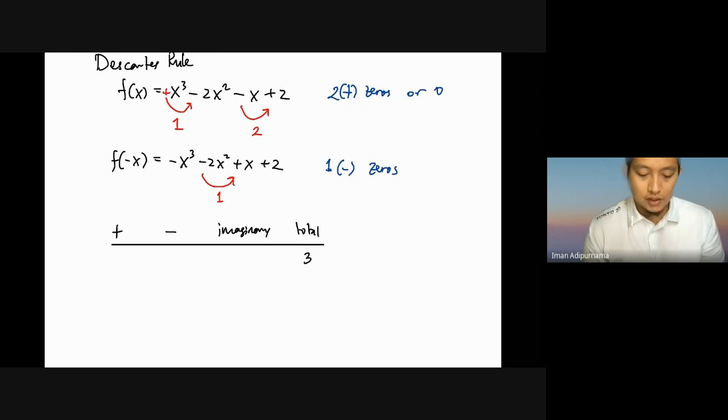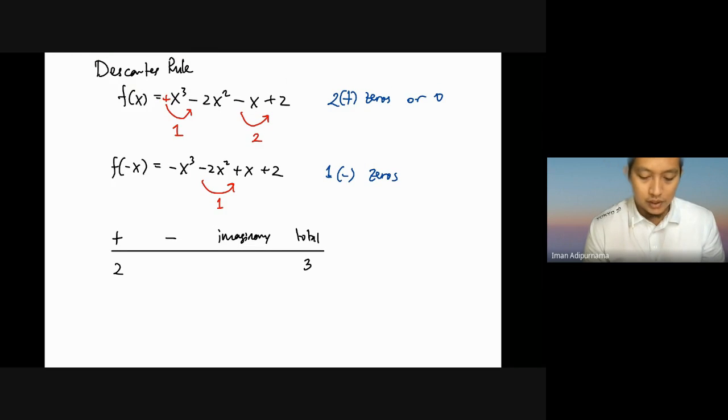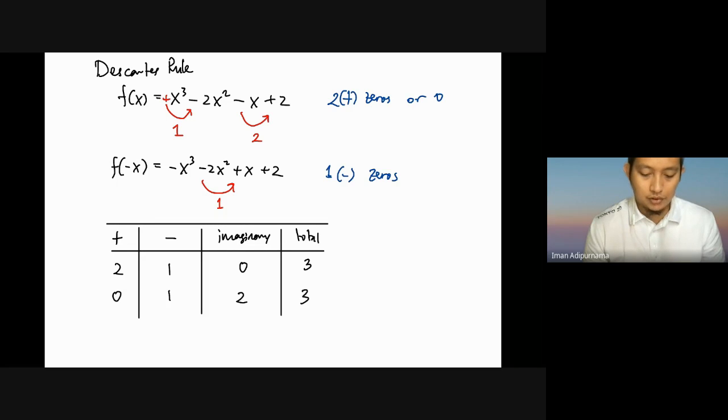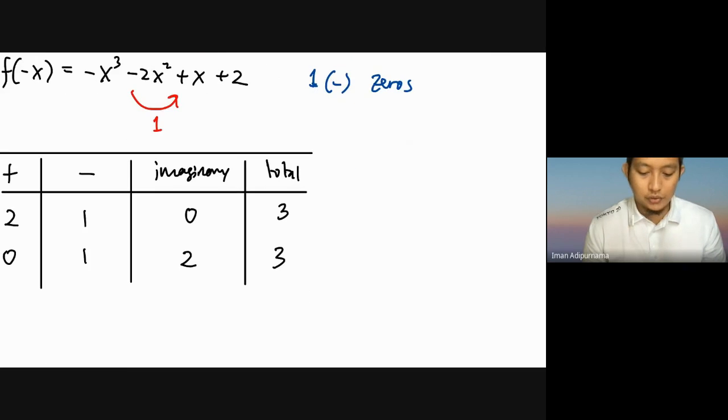Let's start from 2 and then 1 and then 0 and then 0 and then 1 and 2. If you're confused on how I can make sure that imaginary is 0, this is because we know that the total should be 3.